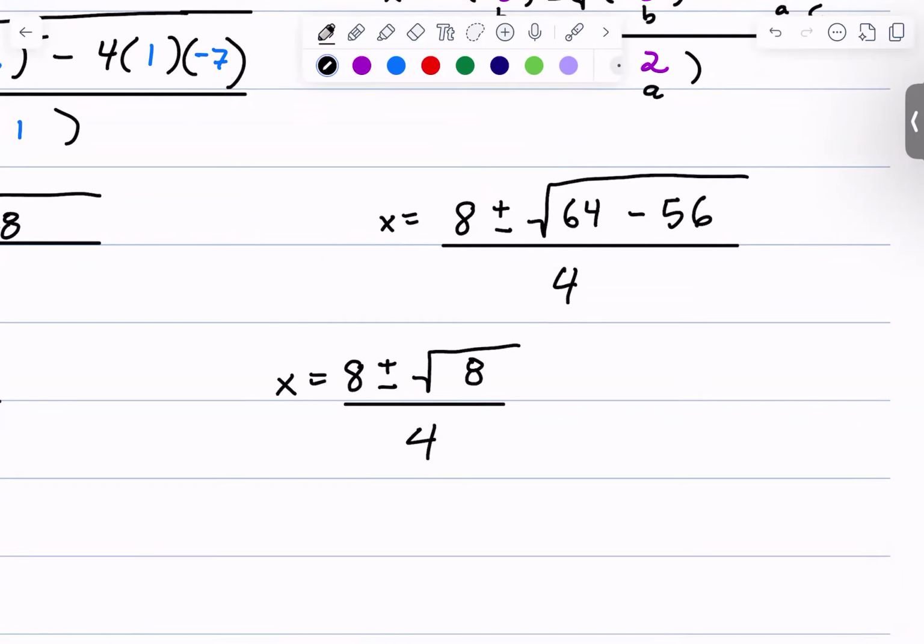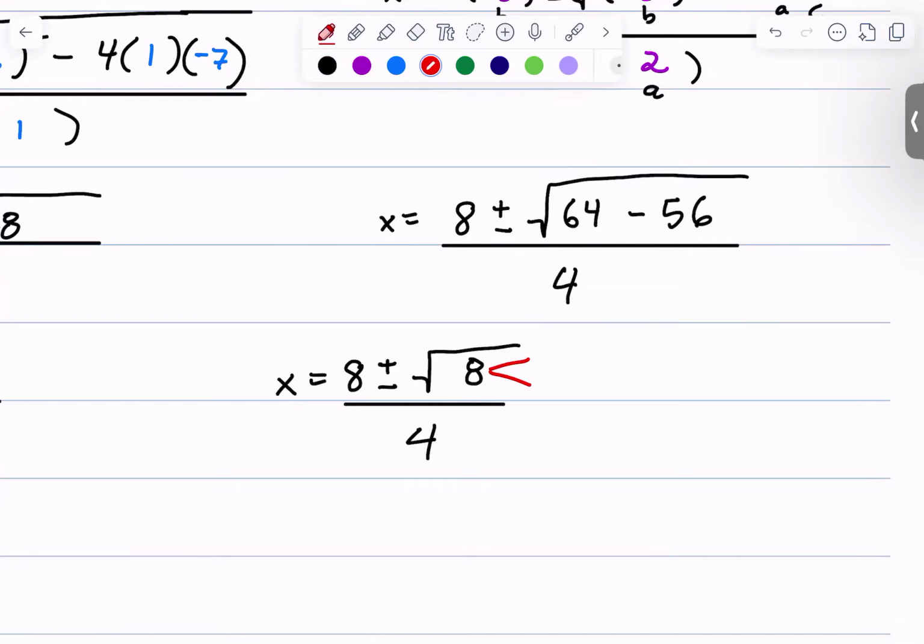But now, we're going to have to simplify that. Okay? First thing in simplification is figure out if we can simplify that. When we're simplifying radicals, we need to remember the perfect squares. Okay? This list on the board right here. 1, 4, 9, 16, 25, 36, 49, 64, and so on and so forth.